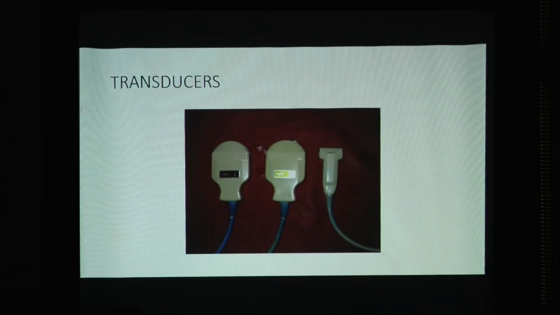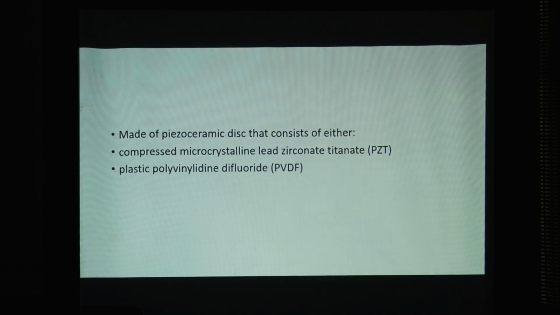So there are various transducers, the convex array and the linear array. Now high frequency transducers are there, the intracavitary probes are there, even intraoperative probes. The crystal is made of piezoelectric material, usually lead zirconate titanate, PZT.